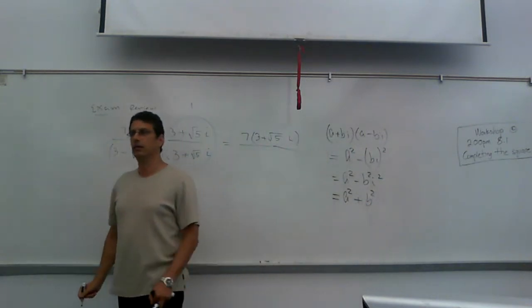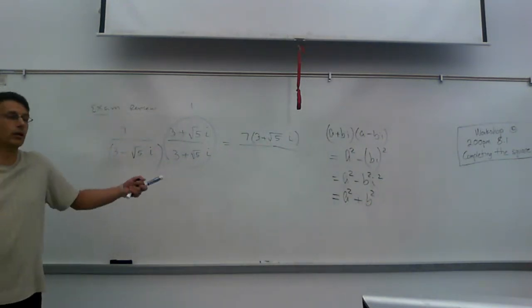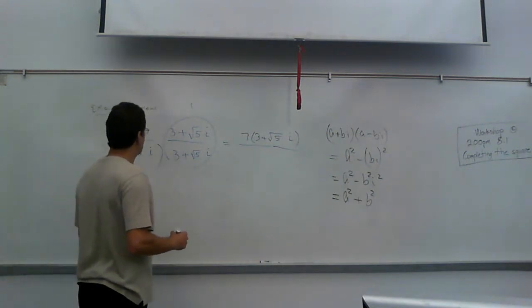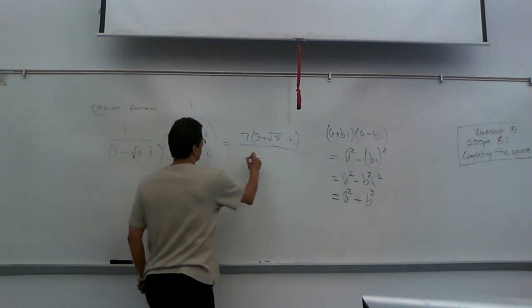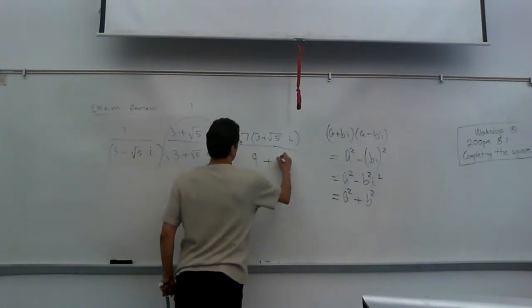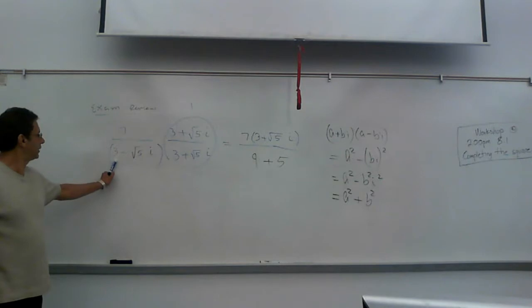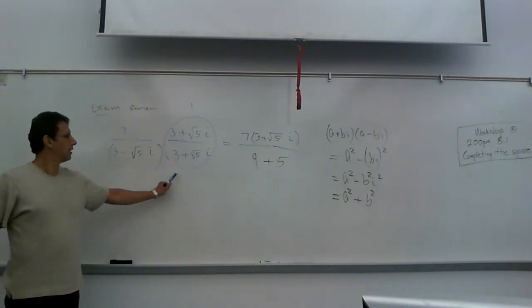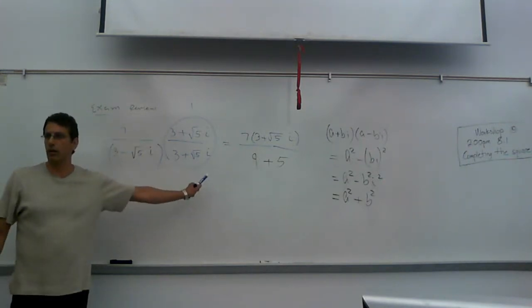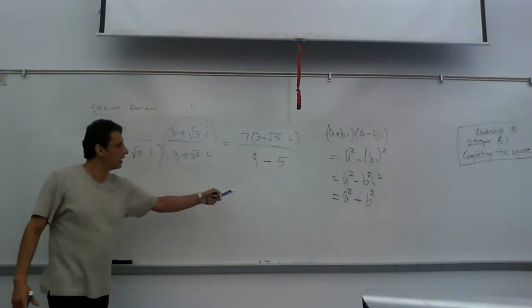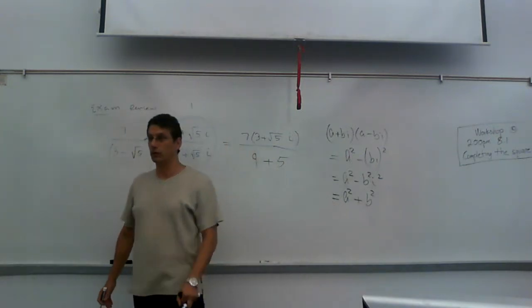Now you can use that, or you can go through these steps. So if it's a squared plus b squared, what is that? 9 plus 5. Do you see that, everybody? 3 squared is 9, isn't it? Square root of 5 squared simply comes out to be 5. And then because it's minus and plus, it simply takes the plus sign in between.